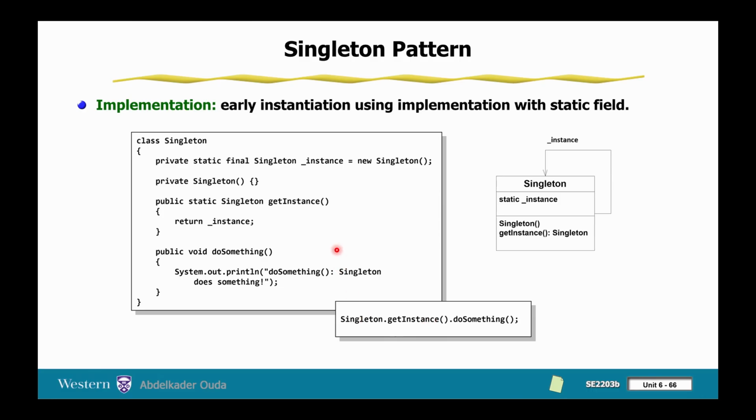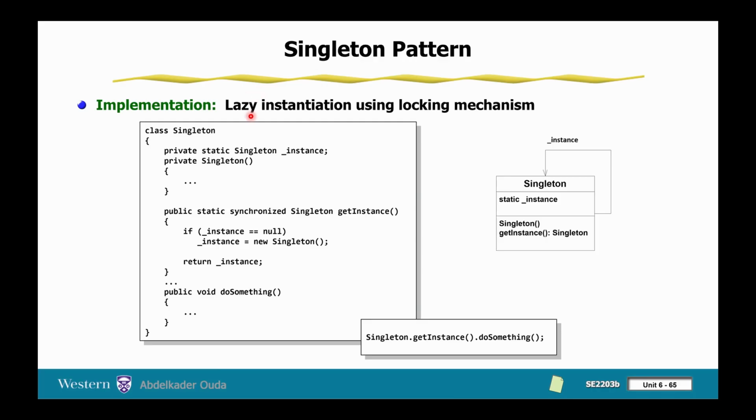So the first implementation, lazy instantiation, will create the object only when we call the method getInstance. That means it will not be created by default. It will be created only once we have the first call of getInstance.